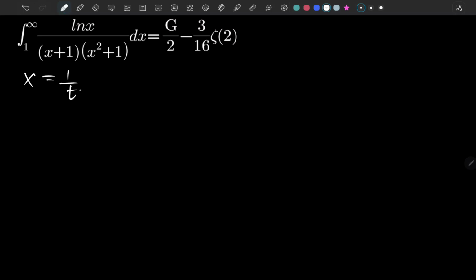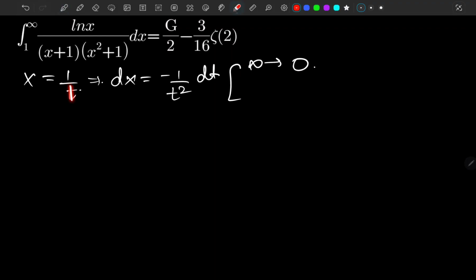This is your first step. Taking the derivative, dx is -1 over t squared dt. And for the limits, when x is infinity, t tends to 0.